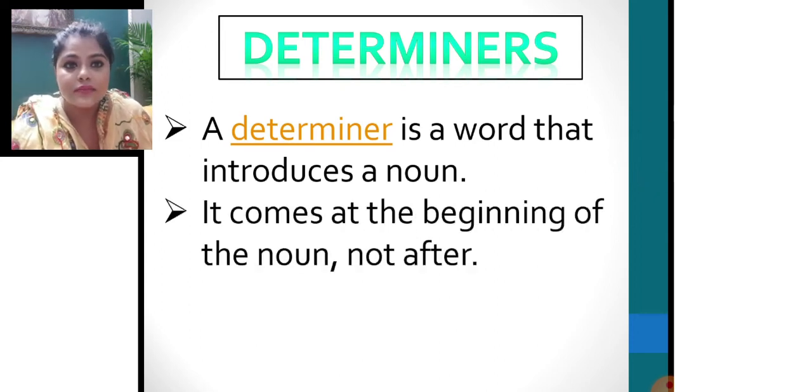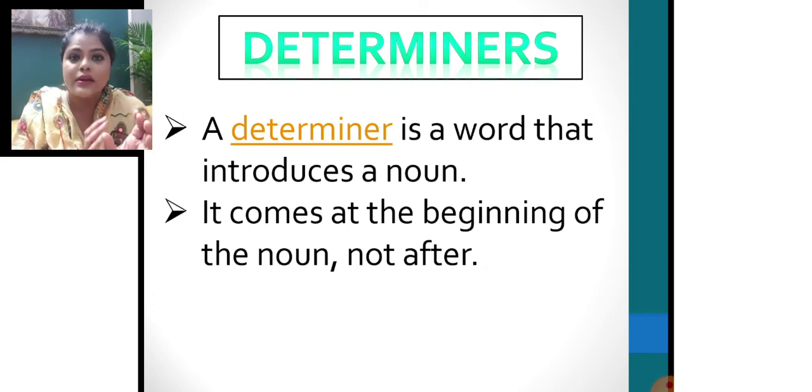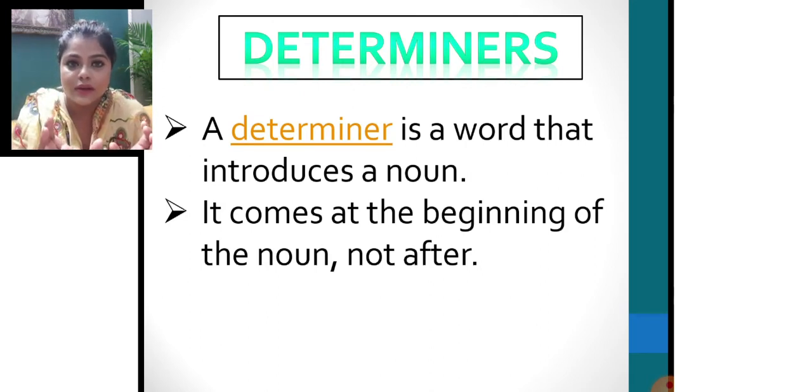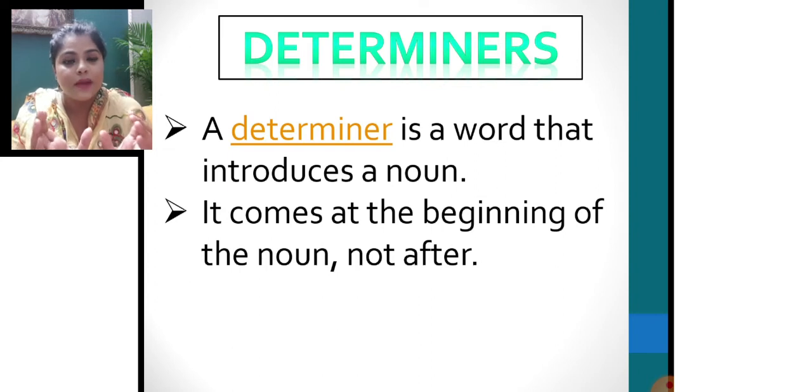Next, it comes at the beginning of the noun, not after. So, if a noun is there, the determiner will come in the beginning, not after. Like some milk. Milk is a noun, and in front of the noun, the determiner will come. Some money, some milk, many books. Like these are the determiners which come in the beginning of the noun.